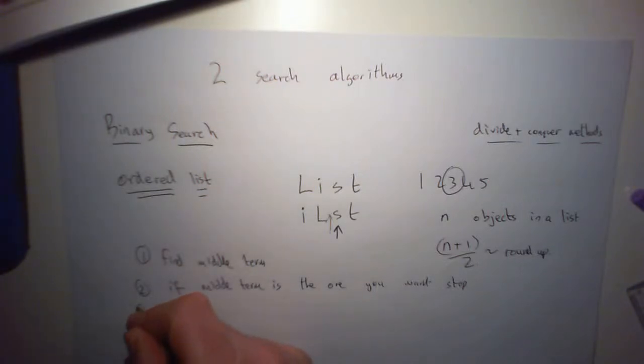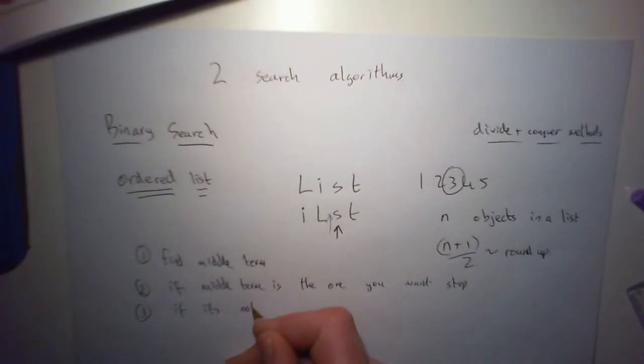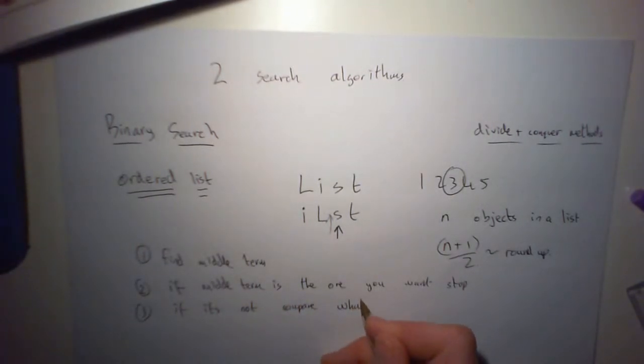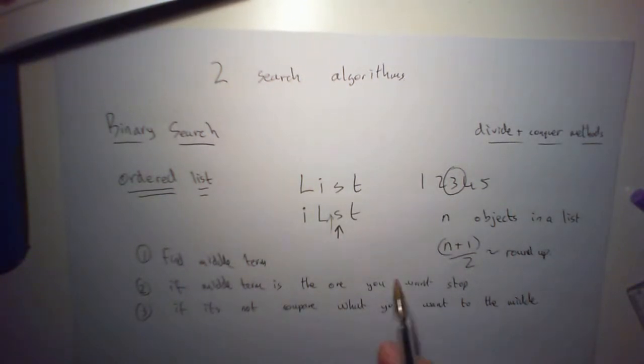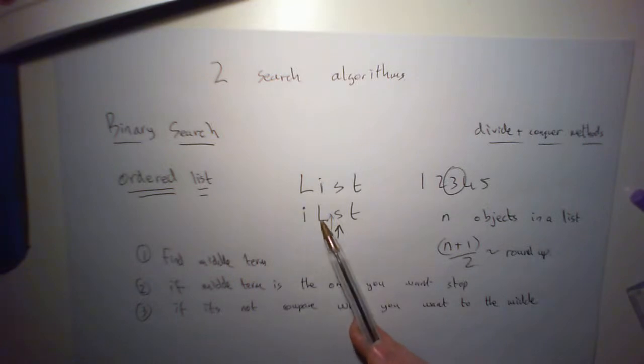Now, step 3: if it's not, compare what you want to the middle. This is the important bit. So if it's not S, compare what I want. Let's say I want I. If that's not I, then I'd compare it to it.